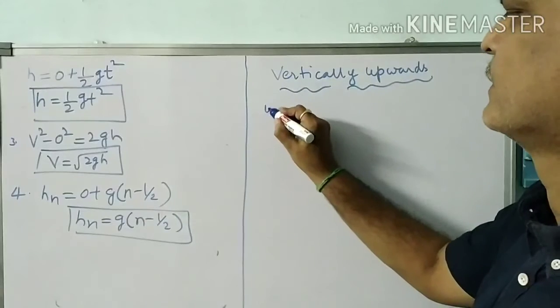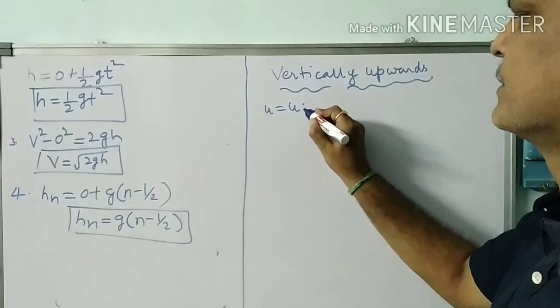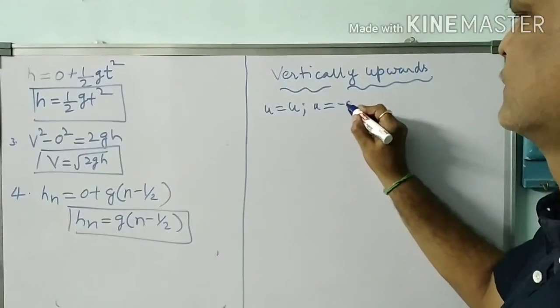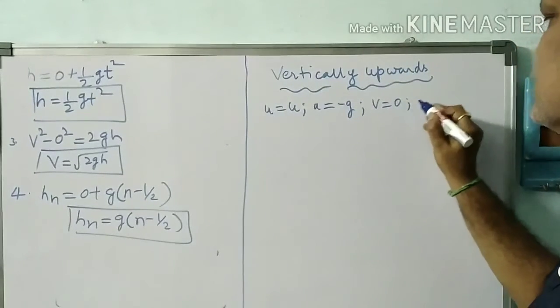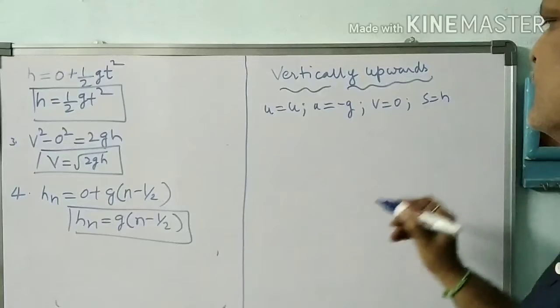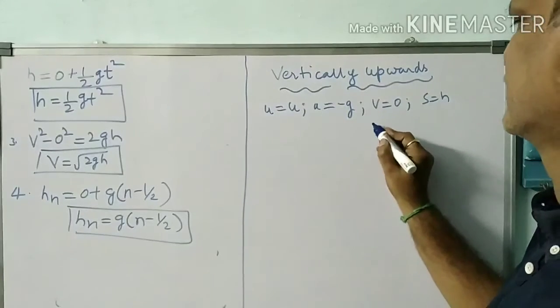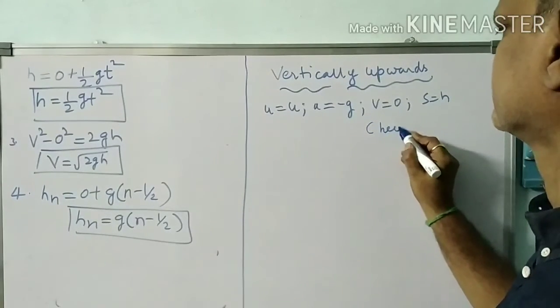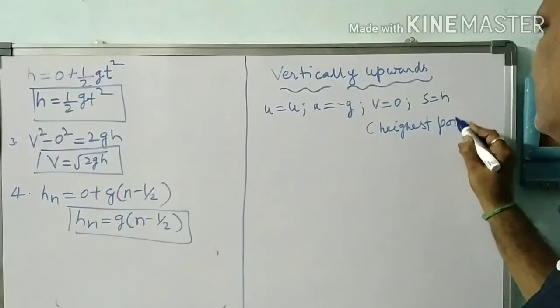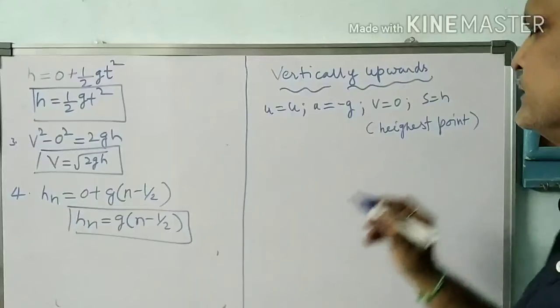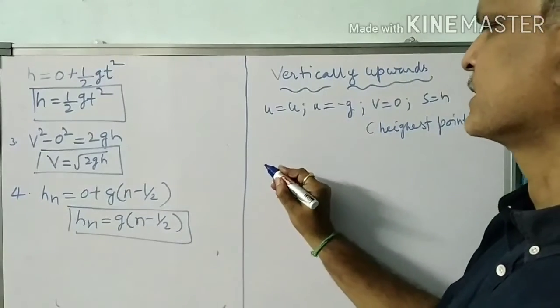Then we have the conditions: u is equal to u, a is equal to minus g, v is equal to 0, s is equal to h. We are talking about the highest point, where v becomes 0. Then we have four equations.